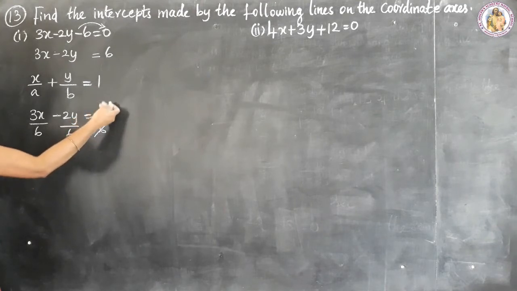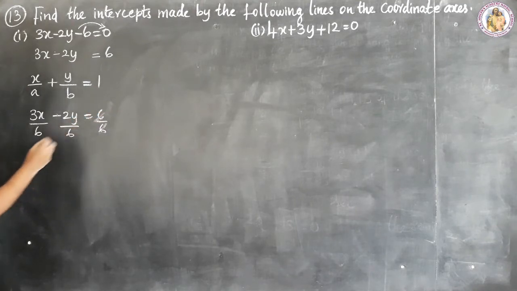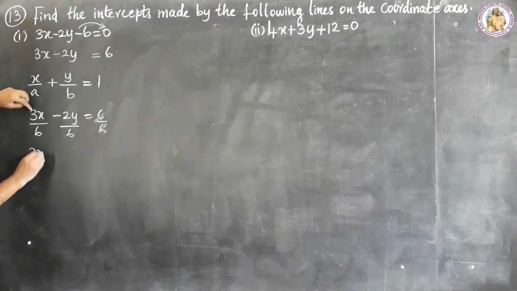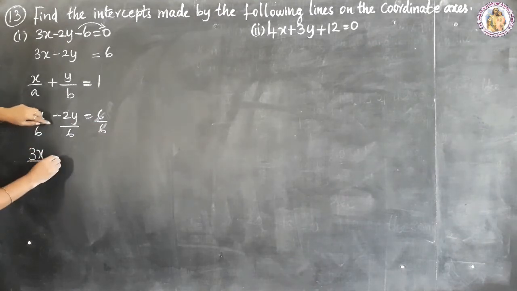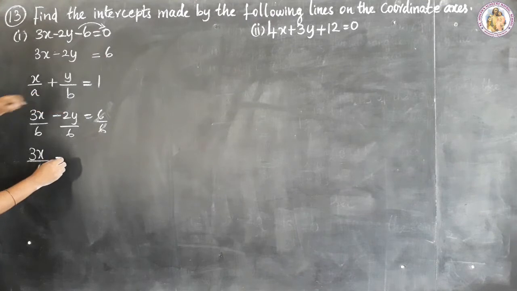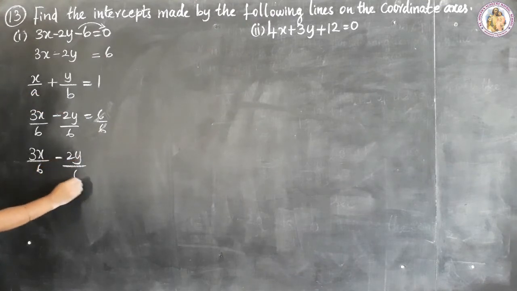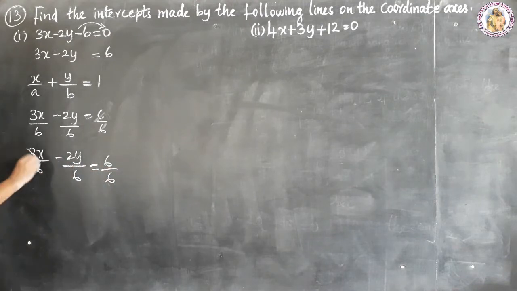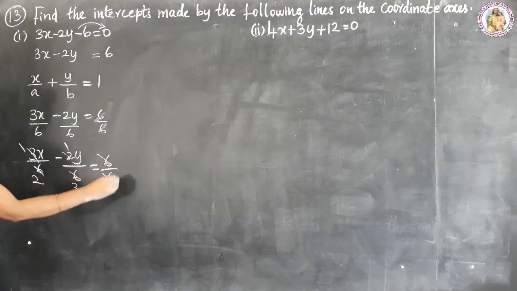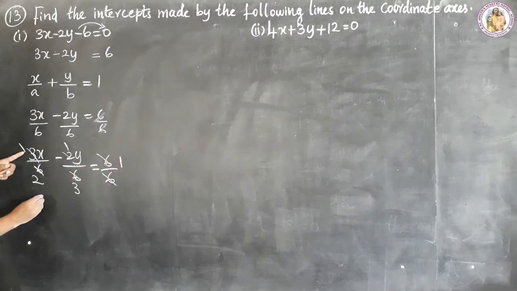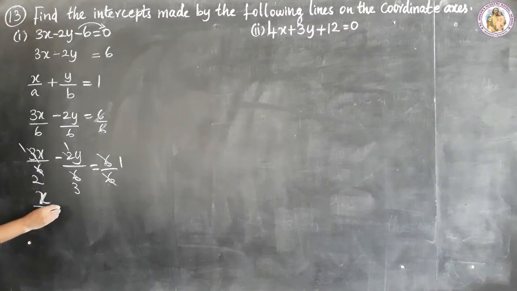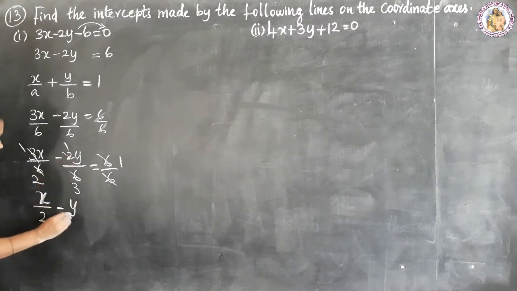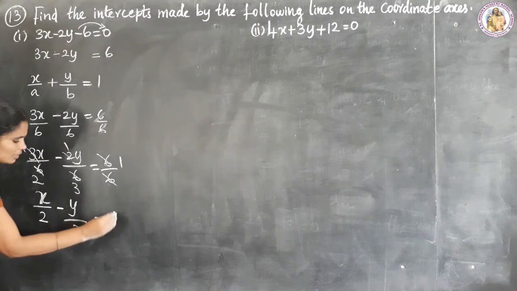Divide by 6 so that if we cancel we get 1. Now 3x by 6 minus 2y by 6 is equal to 6 divided by 6. 3 ones are 3, 3 twos are 6, so 1 by 2; 2 ones are 2, 2 threes are 6, so 1 by 3; 6 by 6 cancel to 1. So now we have x by 2 minus y by 3 is equal to 1.